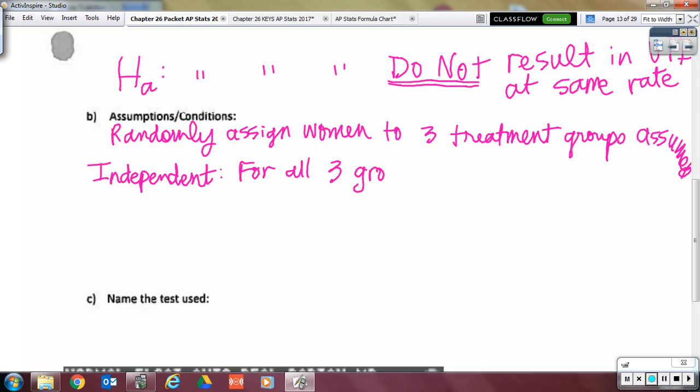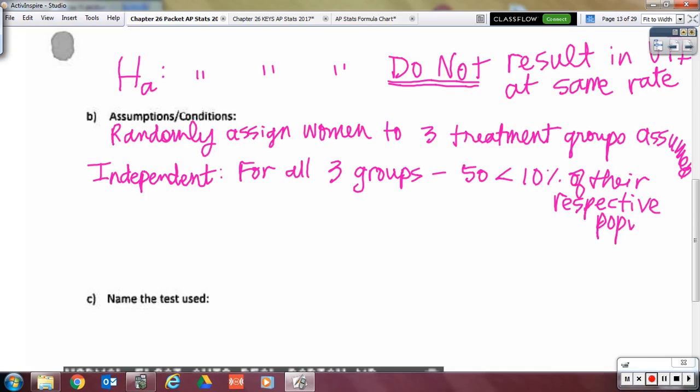Luckily they're the same number. 50 is less than 10% of their respective treatment groups, respective populations. Good. Groups are independent of each other, so nobody's in multiple groups.